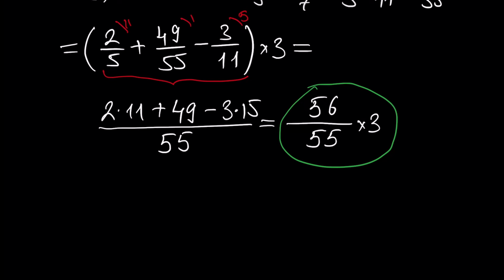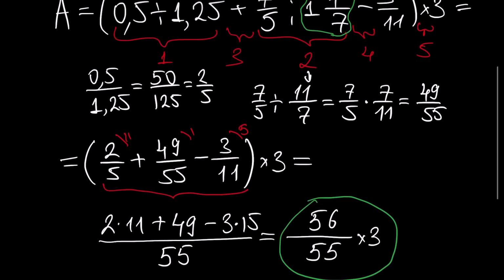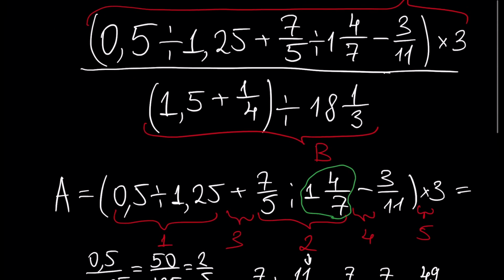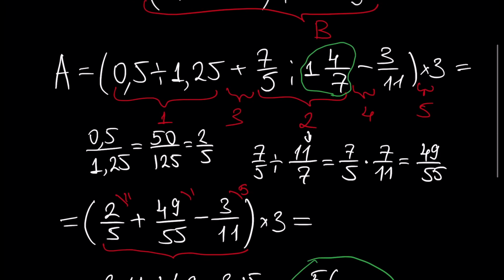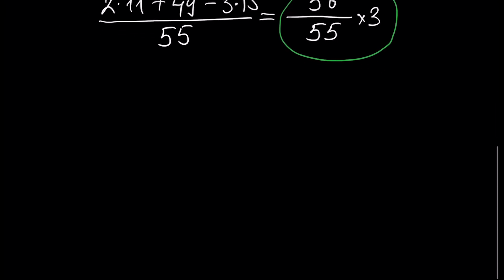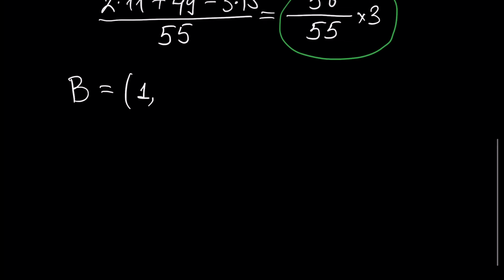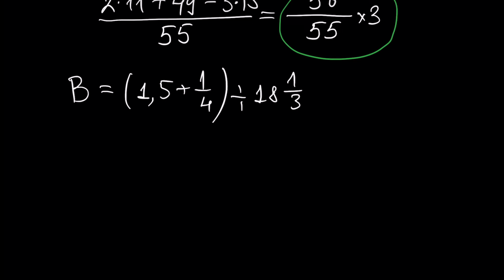Let's next rewrite our b and solve it. Our b is equal to 1.5 plus 1 over 4 divided by 18 and 1 over 3. Let's first give the order of operations as usual.